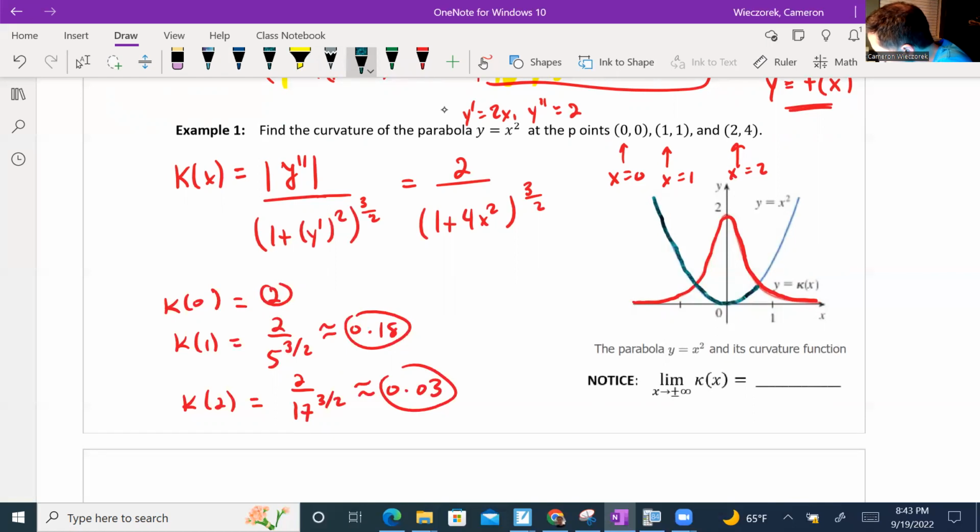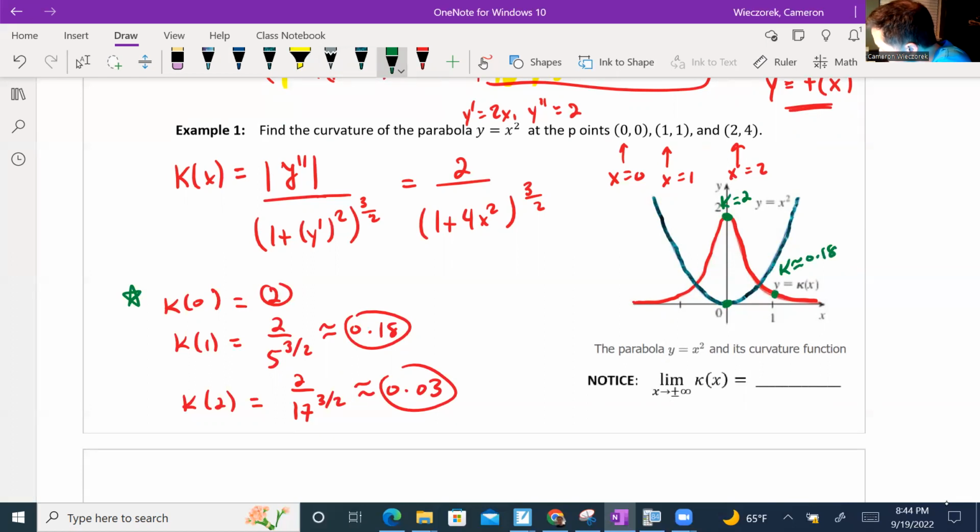So looking at some of the pieces that we just found visually, I'm going to do them in green. At the vertex (0, 0), my curvature on the red graph is up at 2. So this would be the value of kappa equals 2 at the origin. As we move out to 1, our graph starts to look a little bit more linear, and our kappa value there is about 0.18.